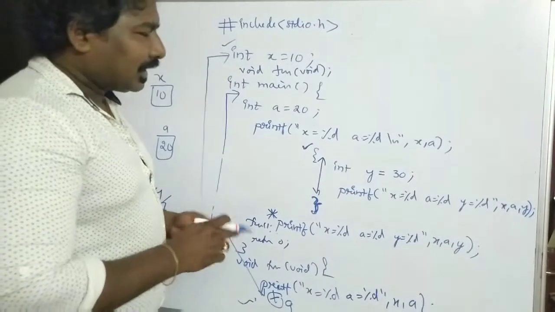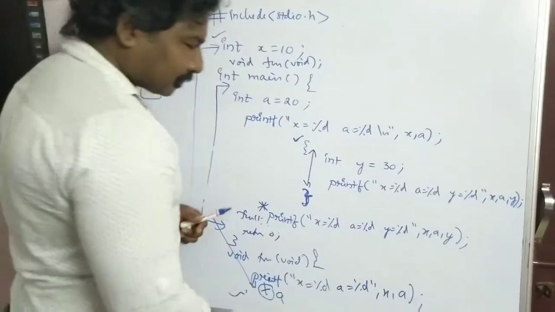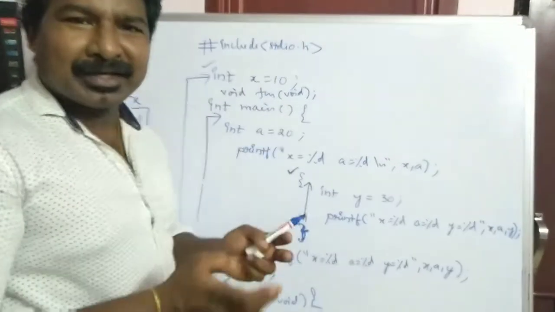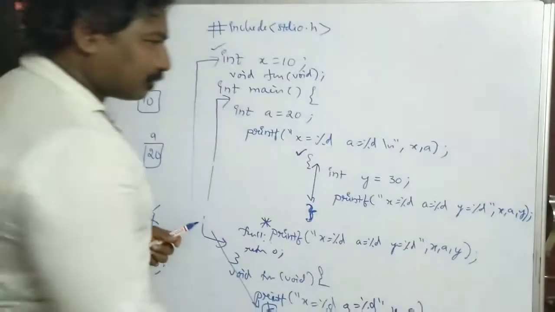Okay, I'll try to tell you another thing. Okay, what happens if I give same name for the global variable and local variable? Okay, I'll show you an example for this.